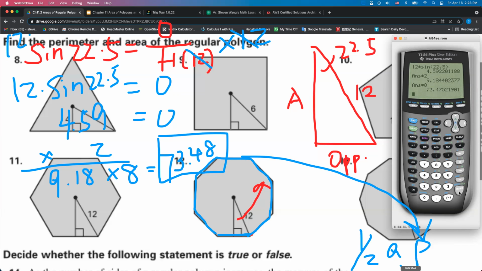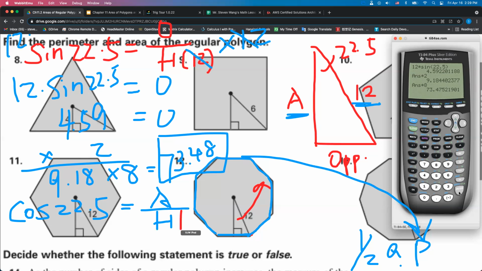How do I get my A? Look at this, A is right here. I'm using cosine because I know my hypotenuse. So cosine of 22.5 degrees equals A over hypotenuse. I know my hypotenuse is 12, so do simple math: times 12 on both sides.